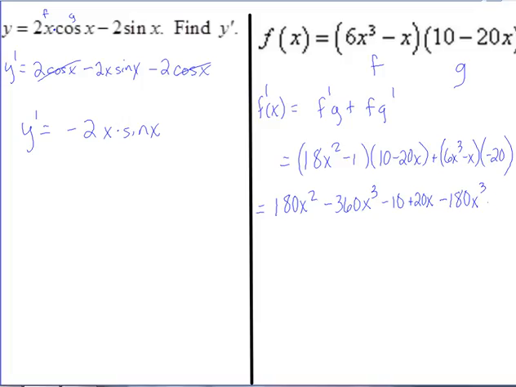Oh, my bad. Just checking if you are paying attention. 120x cubed plus 20x. Can you combine? What? So, negative 360, negative 120, negative 480x cubed. So those are gone. What's next? The positive 180x squared. That's gone.